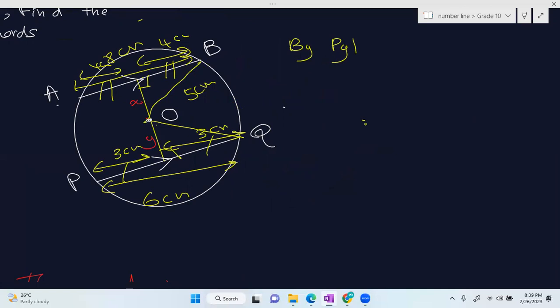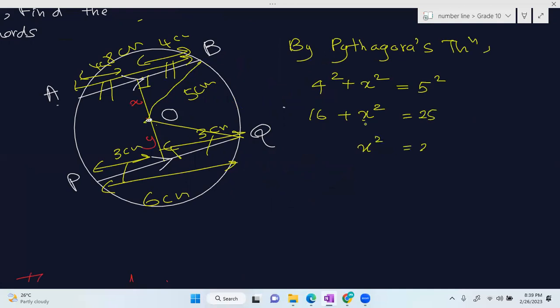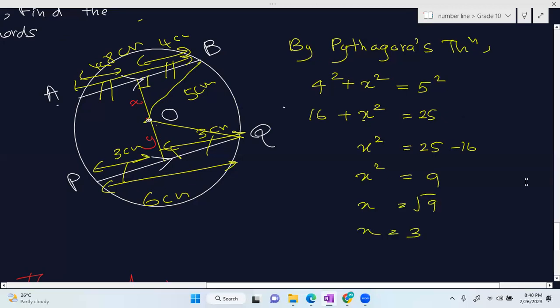This is 4 squared plus x squared equals 5 squared. Then 16 plus x squared equals 25. That means x squared equals 25 subtract 16. x squared equals 9, so x equals square root of 9. Then x equals 3.